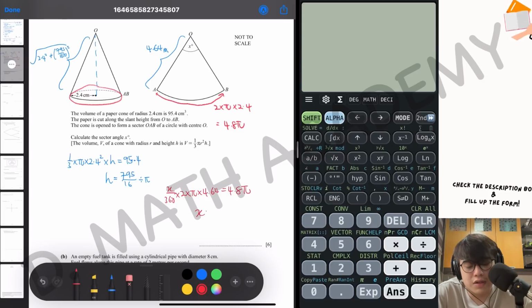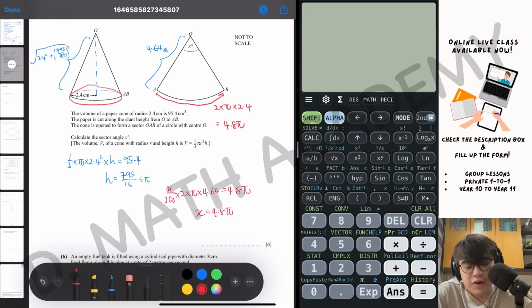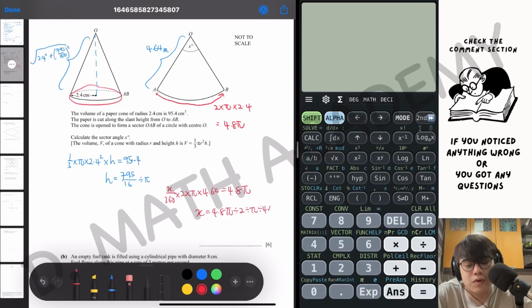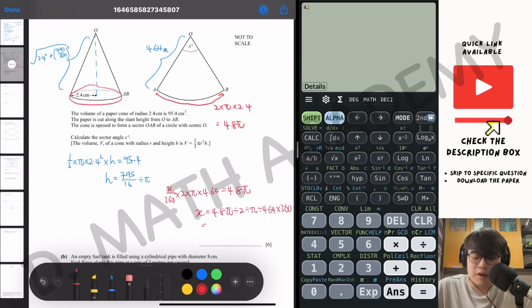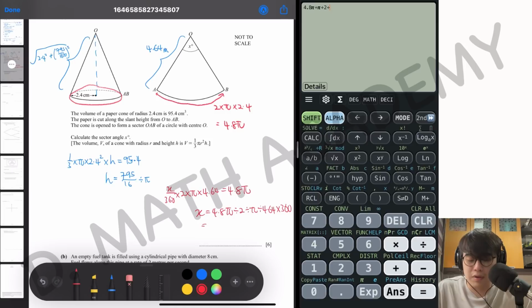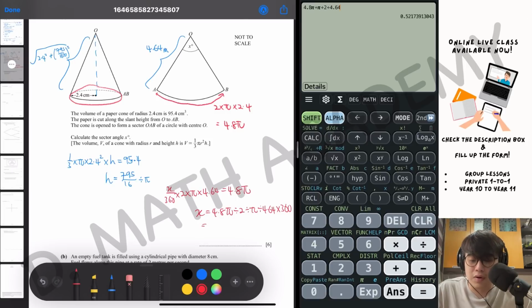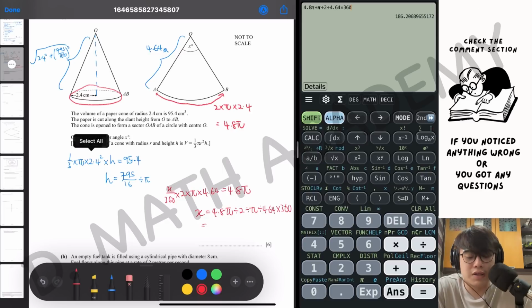So to get your x, you take 4.8 pi divided by 2, divided by pi, divided by 4.64, and then multiply by 360. You will get your x degrees as 186.2.